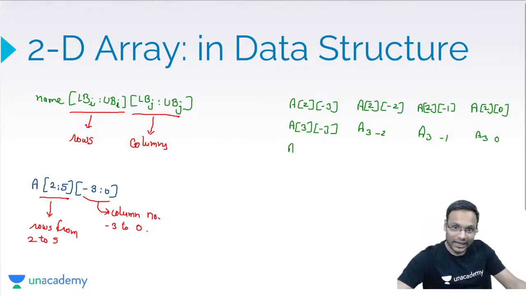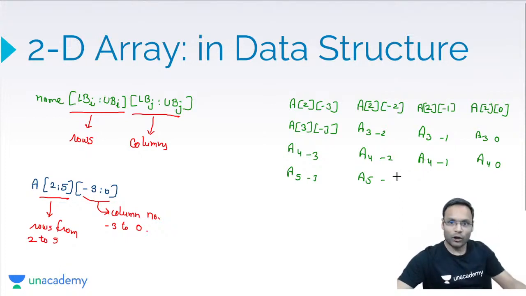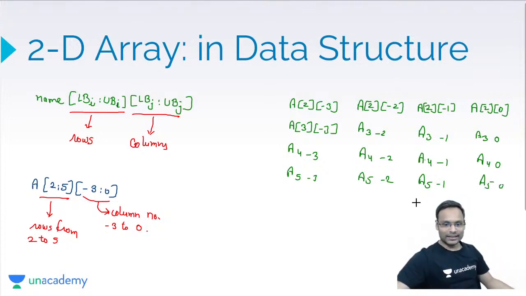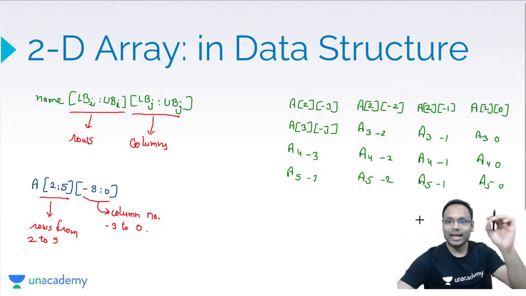Then A of 4, -3, A of 4, -2, A of 4, -1, A of 4, 0. Then last row, A of 5, -3, A of 5, -2, A of 5, -1, and A of 5, 0. Like this way you can have the array.